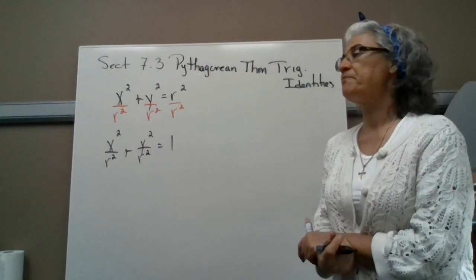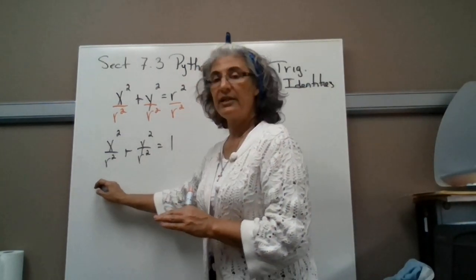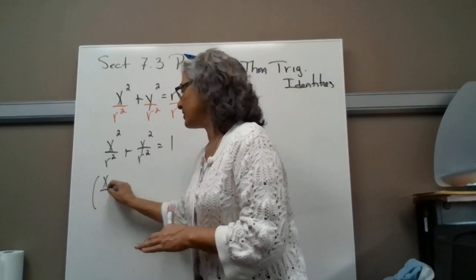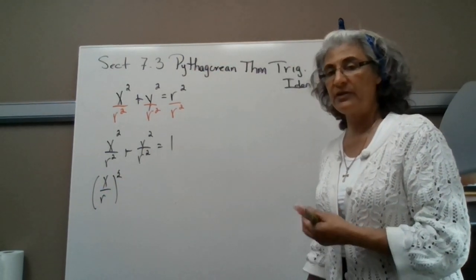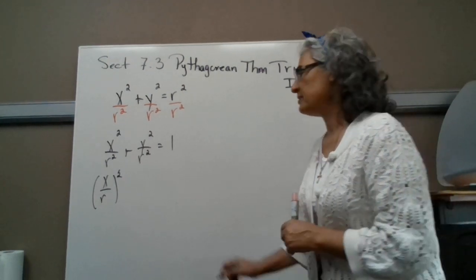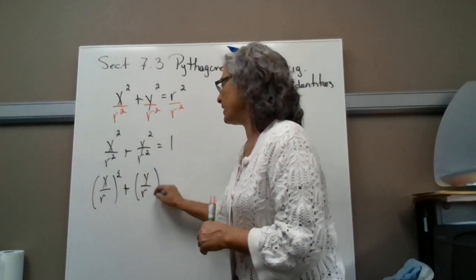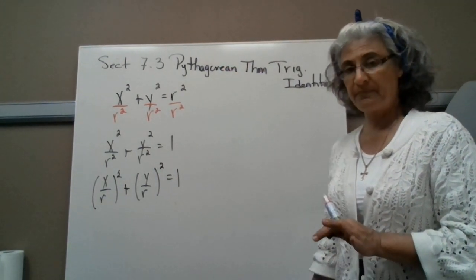Yes? Now, can't I rewrite x squared over r squared as x over r, the whole fraction squared? Isn't that the same thing? Isn't that equivalent? Okay, so if you agree, then I can do the same thing over here and say y over r, the whole thing squared, equals 1, right?